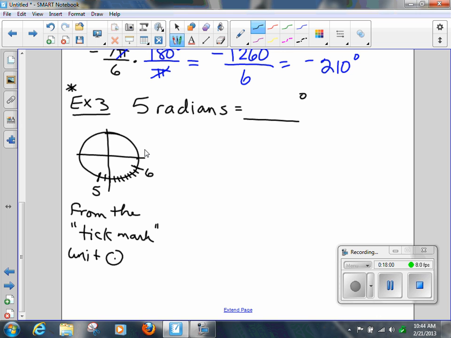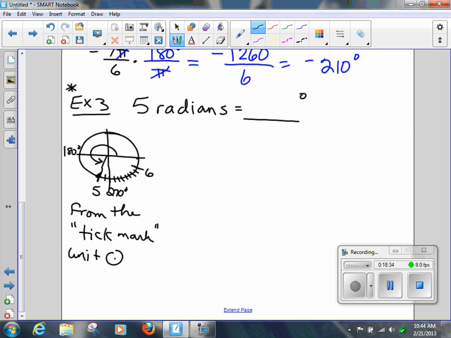I don't know what 5 radians is, but if I think about that tick mark unit circle, then I'm like, oh yeah, that's this angle right here, okay? It's that one that has been rotated all the way over. So I know that when I convert it, it's got to be between 180 and 270 degrees, okay? Do you guys agree with that? It has to fall within those two boundaries, because here's 180 degrees and here's 270 degrees, if I were thinking in terms of degrees.